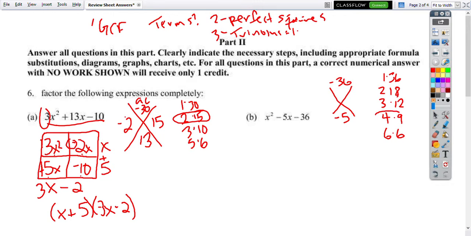And the only way to get 5 is to use the 4 and the 9, and I need it to be negative. So I know it's -9, +4, and then I do my 2 parentheses, x and x in the front, and then I'm dropping the -9 and the +4.